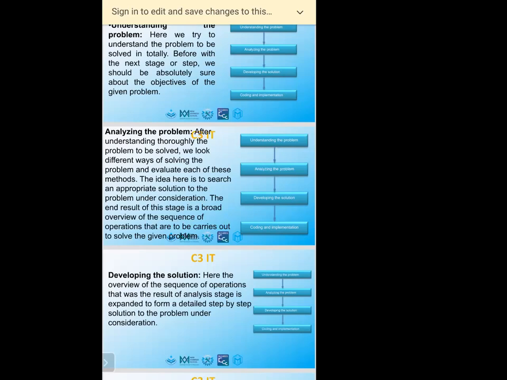Buy the fish, clean the fish and cut it. After that, boil the water, put in the fish and add some things. You know how to make the steps, no? That is called analyzing the problem: writing step-by-step instructions on how to solve the problem.